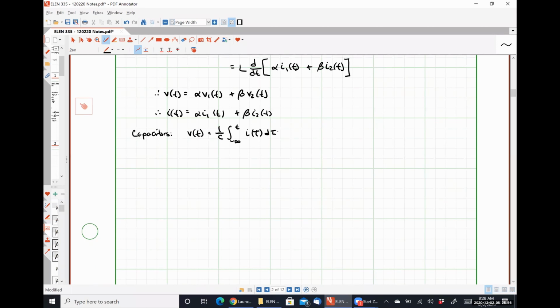I'm explicitly setting my integral limits from negative infinity to t to account for not having an initial condition. So we're assuming that infinitely long ago, way in the deep dark past, our capacitor didn't have a voltage drop over it, so it had 0 energy. That's what those limits of integration are.